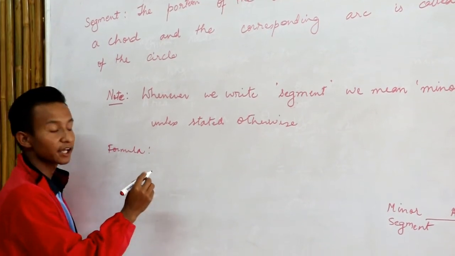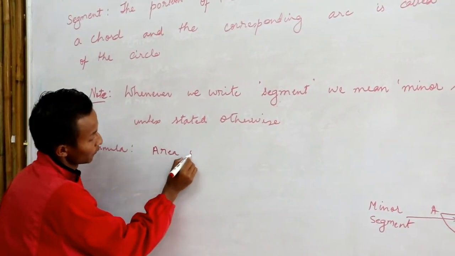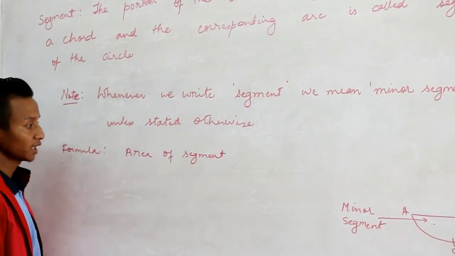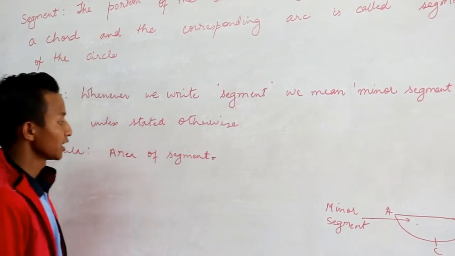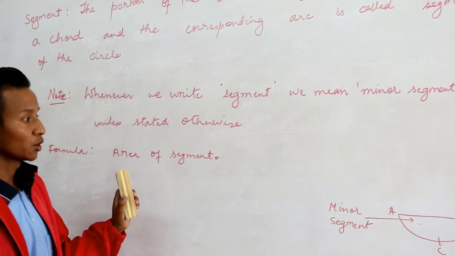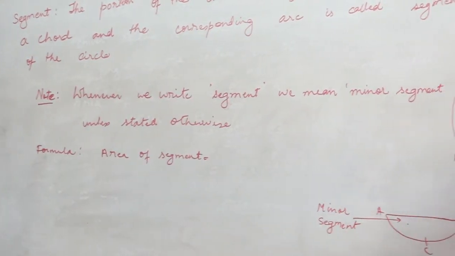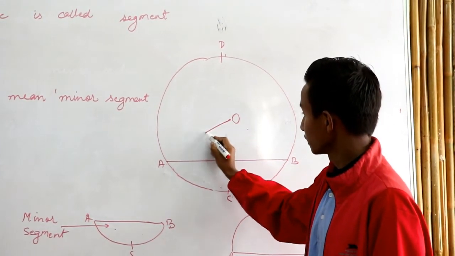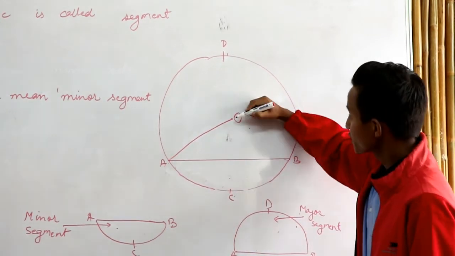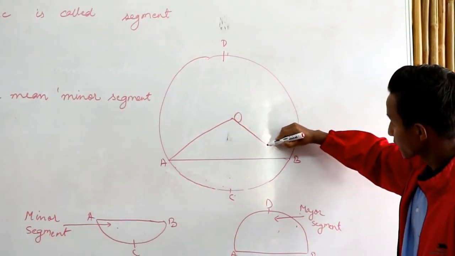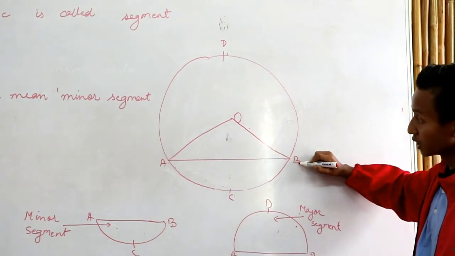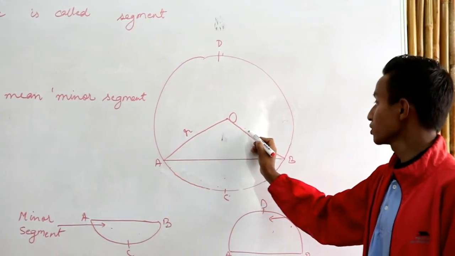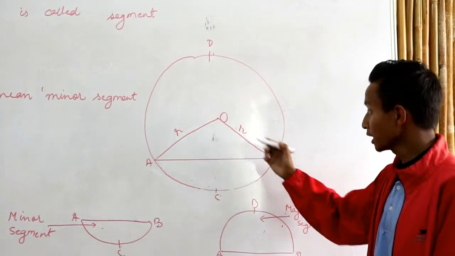And the formula of finding the area of segment is given by, first, let us note that to get the area of segment, we have to join this point O to the extreme point of the chord, that is point B. As you can see, this is the radius of the circle denoted by r, and also this is the radius of the circle denoted by r.